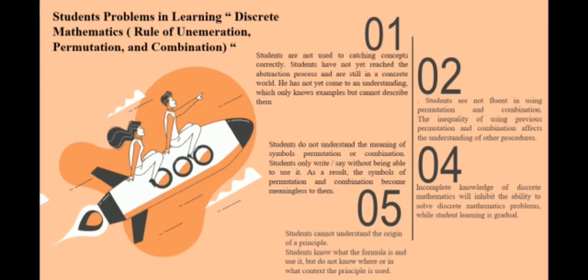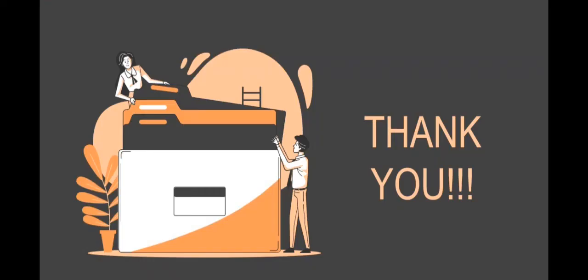Incomplete knowledge of discrete mathematics will inhibit the ability to solve discrete mathematics problems, while student learning is gradual. 5. Students cannot understand the origin of a principle. Students know what the formula is and use it, but do not know where or in what context the principle is used. Okay, that's all. Thank you.